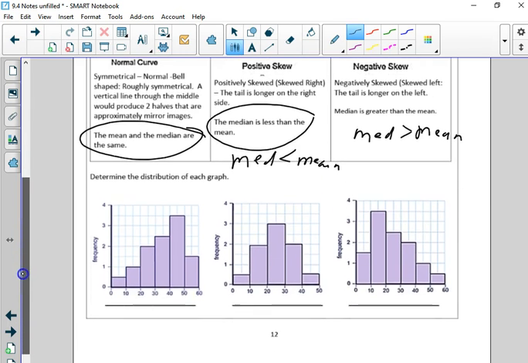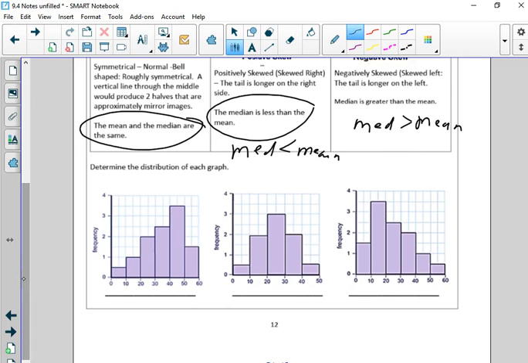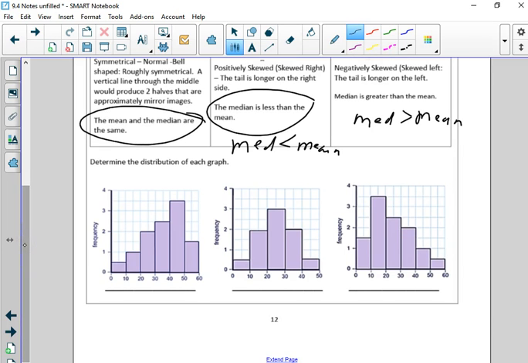And in the same concept, okay, and this is the exact same concept, just with a histogram. But now we're going to actually label it. So this one here is symmetrical. If you drew a line right down the middle and folded it, everything would match up.